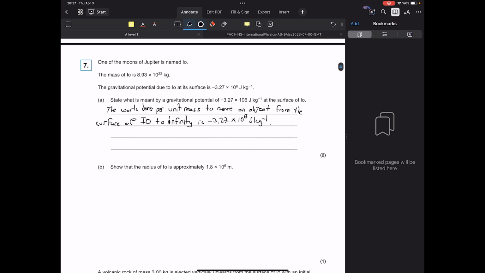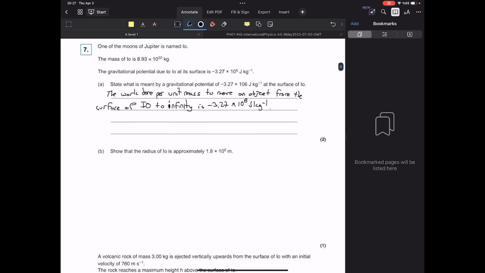That is the definition of gravitational potential, and that's what this question is asking for.